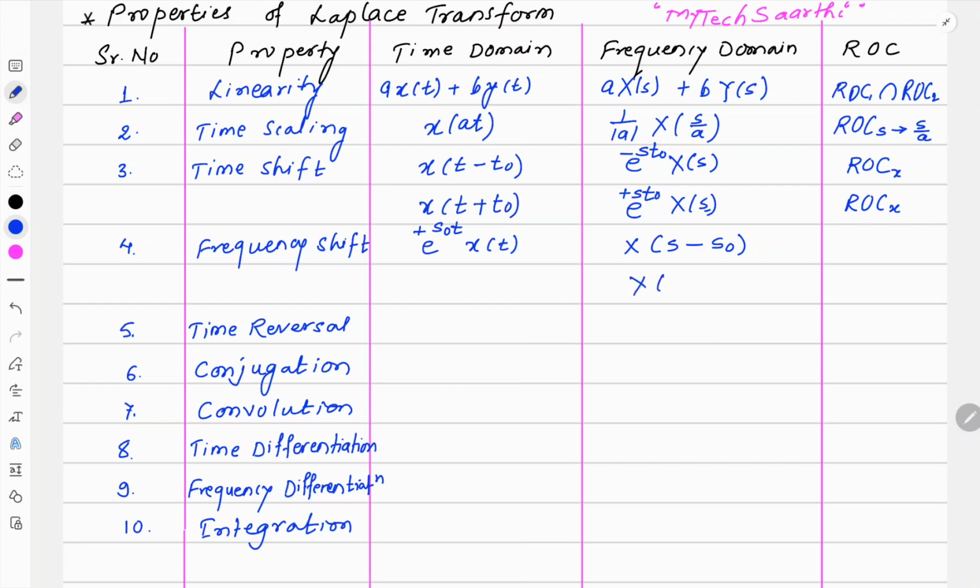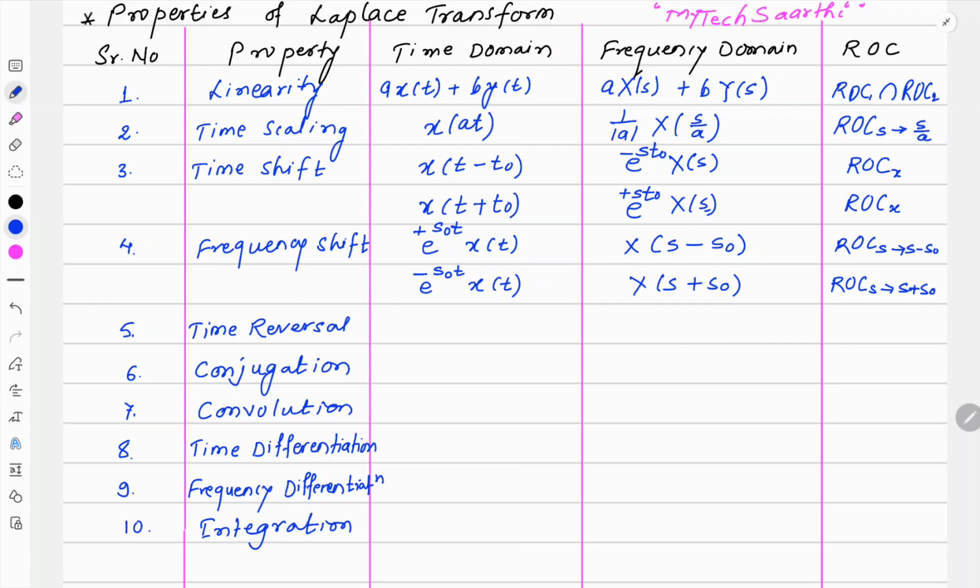Similarly, if the shift is positive, x of s plus s naught, we can represent the equation as e raised to minus s naught t into x of t. Now the change in ROC will be, in initial ROC, s will be replaced by s minus s naught. Similarly, here s will be replaced by s plus s naught.